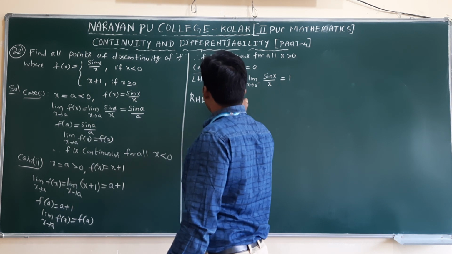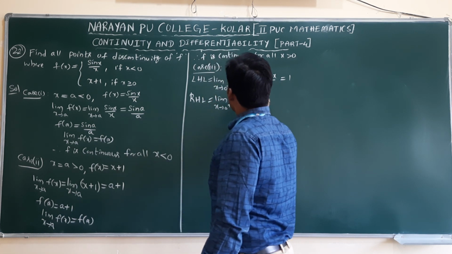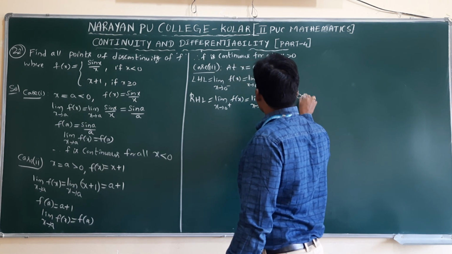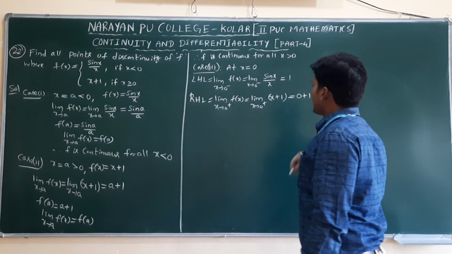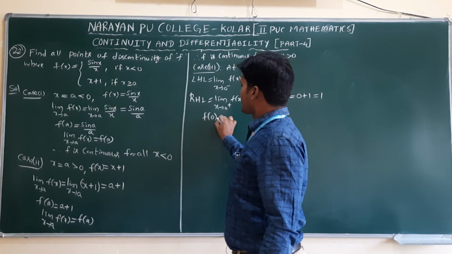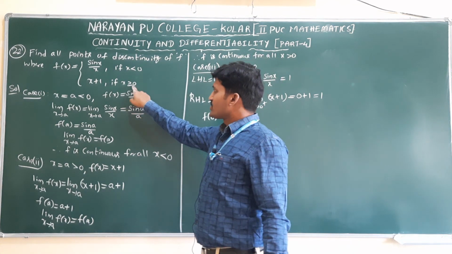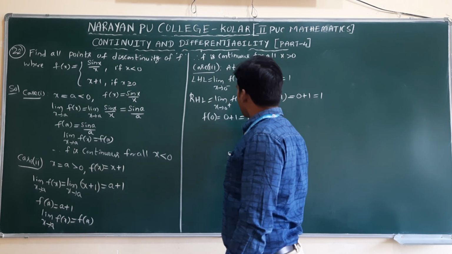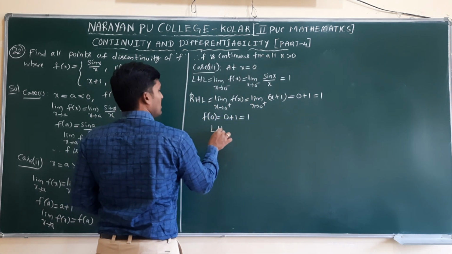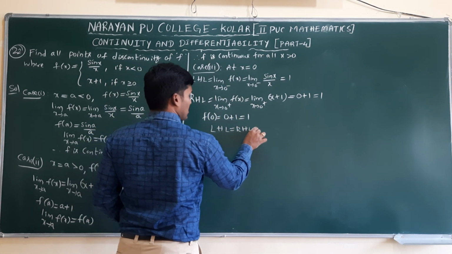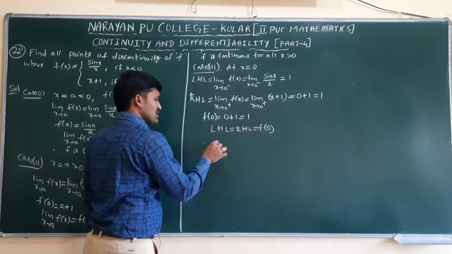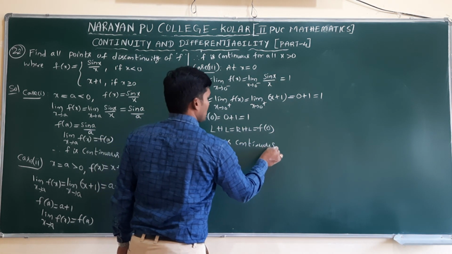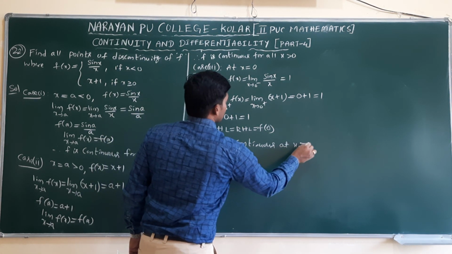Limit x tends to 0 plus f of x, what is f of x? x plus 1. If you substitute the x value 0, 0 plus 1 is 1. Next, at exactly 0. At x equal to 0, the function is x plus 1. The x value we need to take here is 0 plus 1. Now, are all three values equal? Yes. LHL equal to RHL equal to f of 0. From this you can conclude f is continuous at x equal to 0.